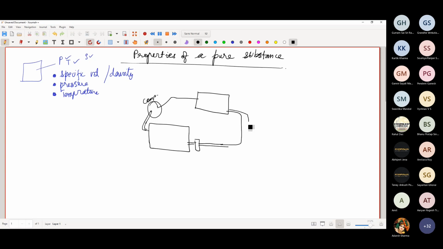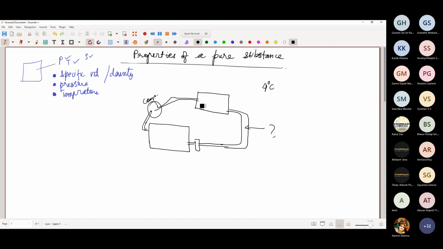Okay, so now how do you know what kind of refrigerant you should take? Suppose you want to maintain the room at maybe 4 degrees Celsius. Can you use the same refrigerant that you use in your room air conditioner? Obviously not.